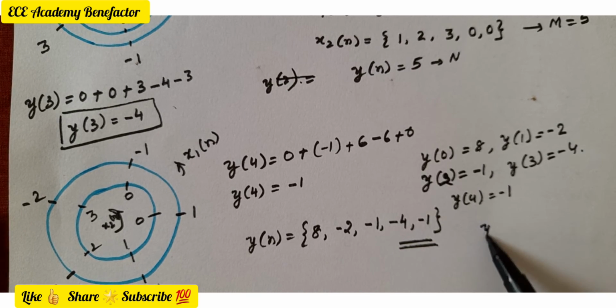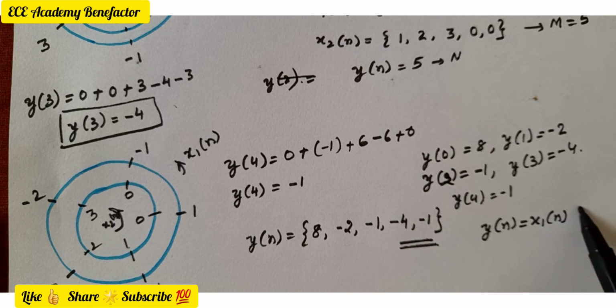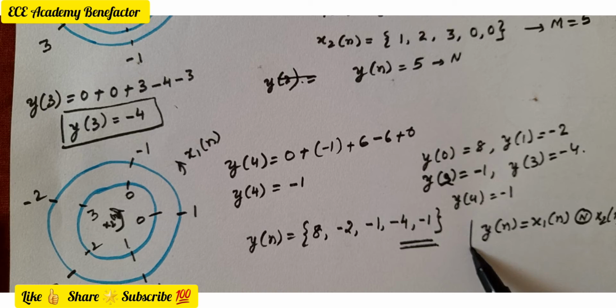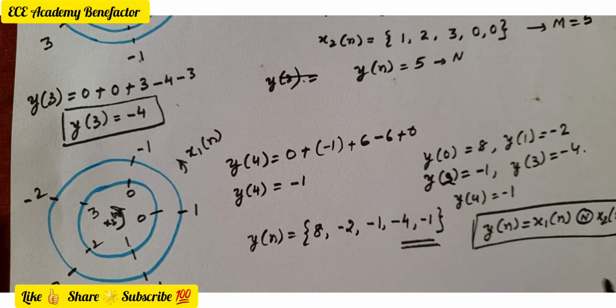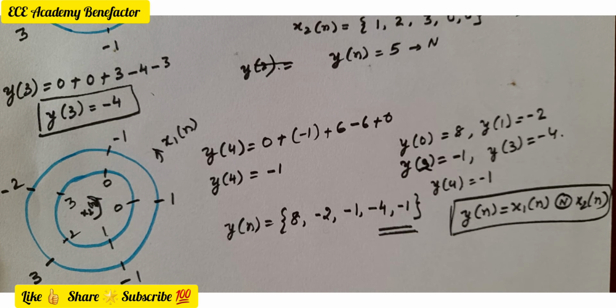What is y of n? It is the circular convolution of x1 of n circularly convolved with x2 of n using the concentric circle method. For circular convolution we have to make both the sequences of the same length.